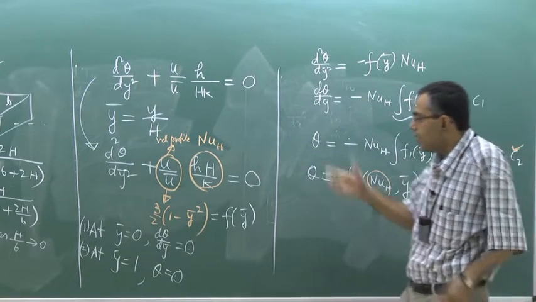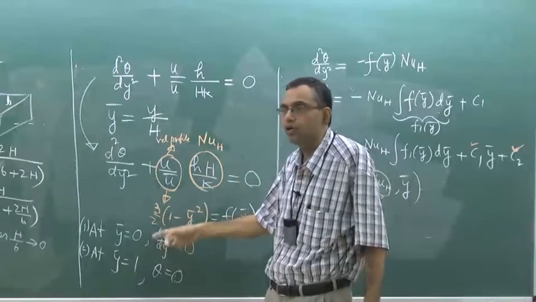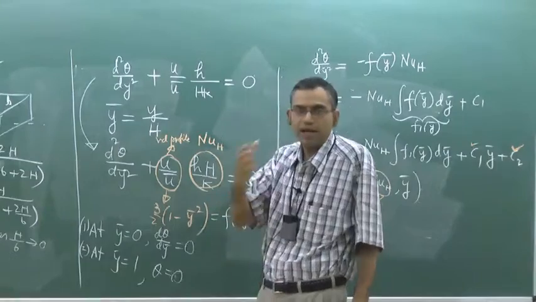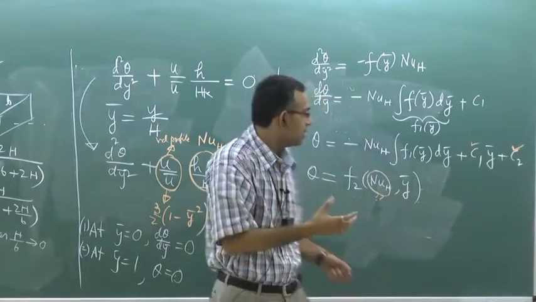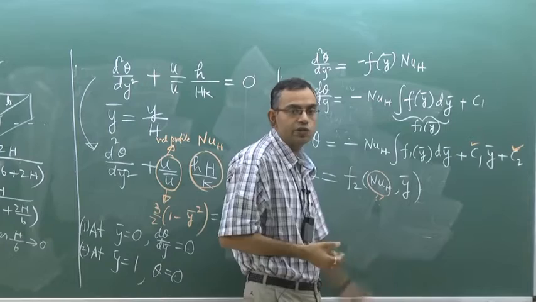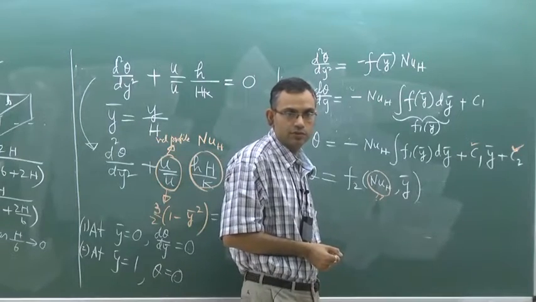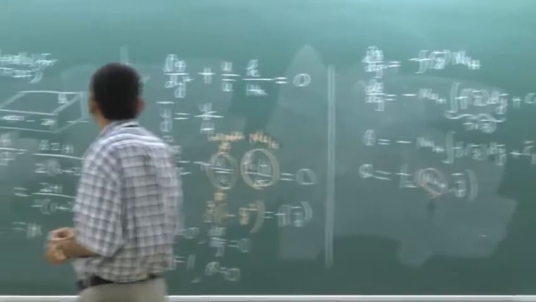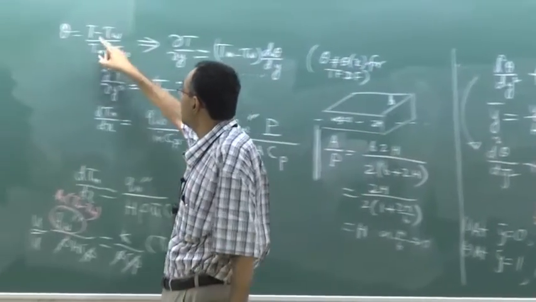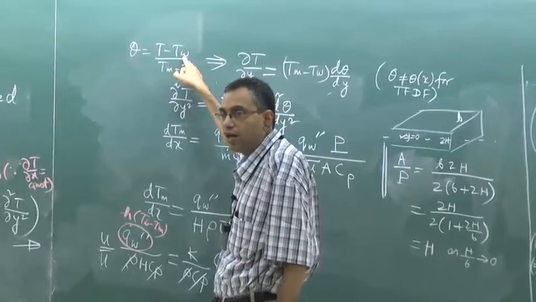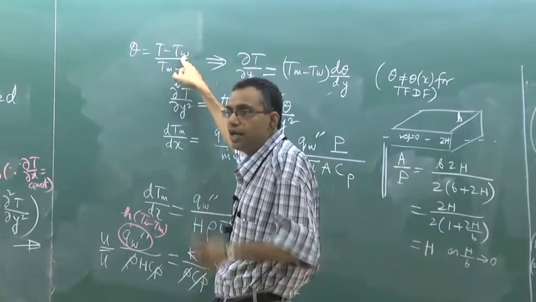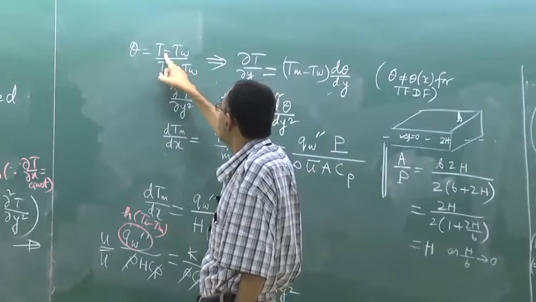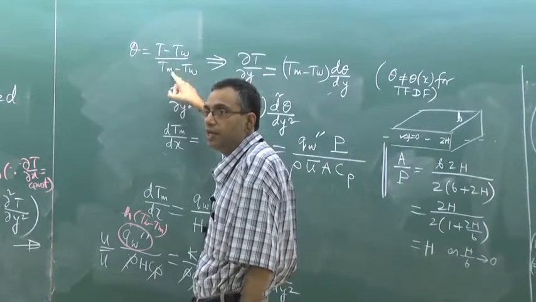Now you might argue that we have used two boundary conditions for a second order differential equation. So what makes the situation that still the problem is not completely solved? One of the reasons is that this boundary condition theta equal to 0 at wall is not actually giving you any new information, because theta by definition is T minus T wall by Tm minus T wall.